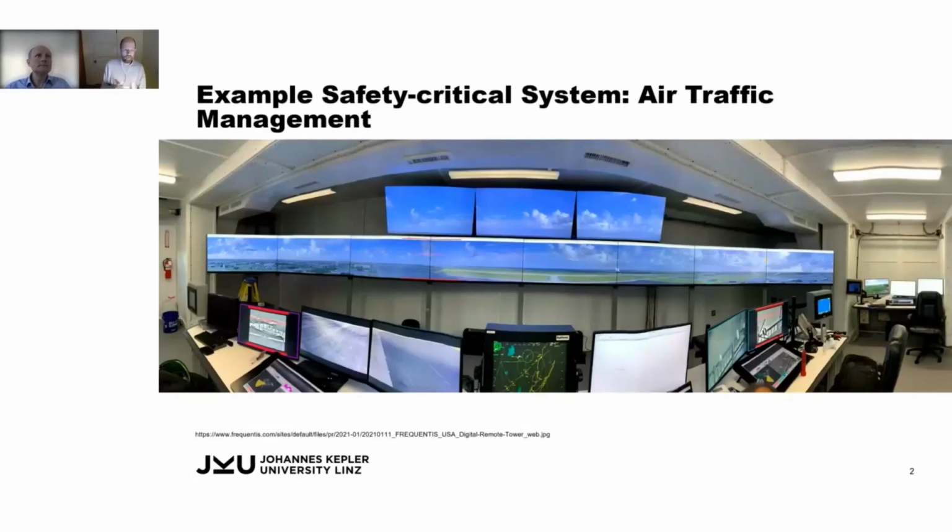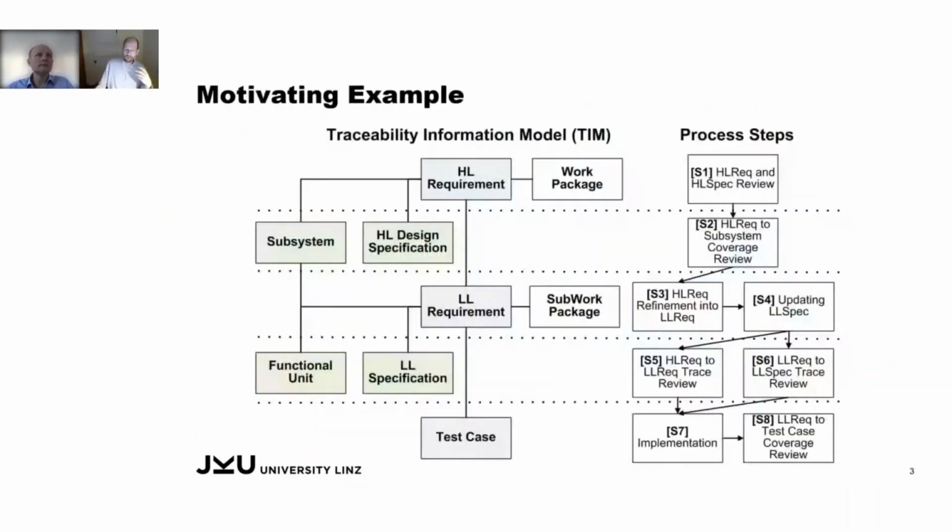There's generally a challenge for companies to ensure that the engineers follow a specific development process, but also that the quality assurance constraints are followed. To give you an idea of what a simplified process model looks like at our industry partner, we look at the stage where high-level requirements map to subsystems and design specifications, which map down to low-level requirements, functions that again map to function units, low-level specifications, and test cases, just some of the artifacts used in that scenario.